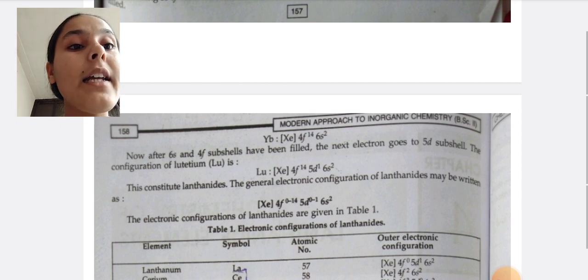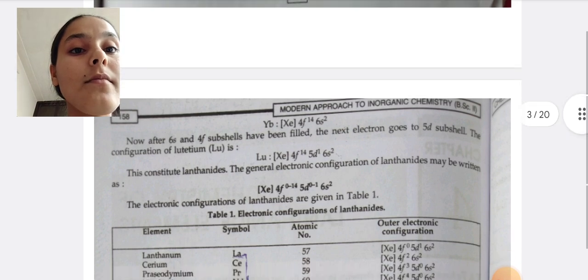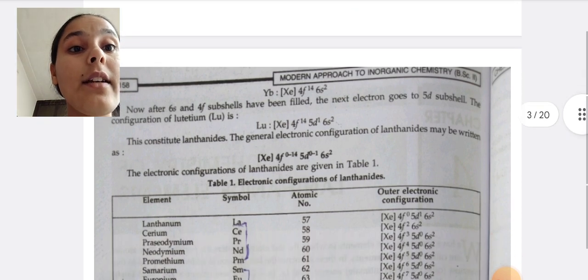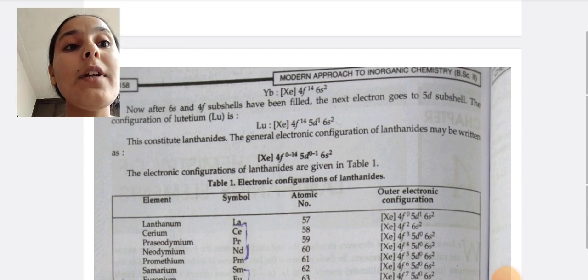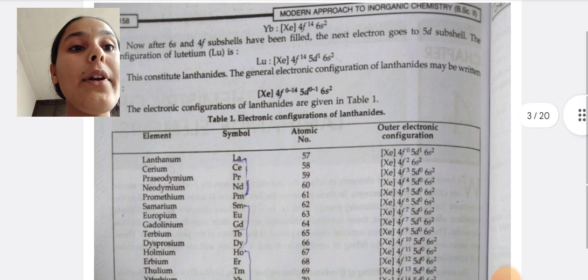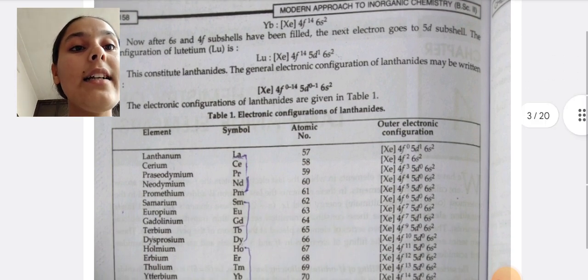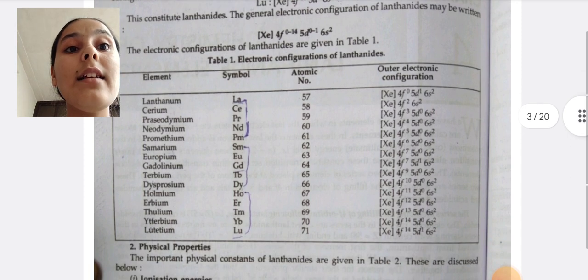Ytterbium's electronic configuration is 4f14 6s2, and lutetium's electronic configuration is 4f14 5d1 6s2. This constitutes the lanthanides. The general electronic configuration is written as [Xe] 4f0-14 5d0-1 6s2.